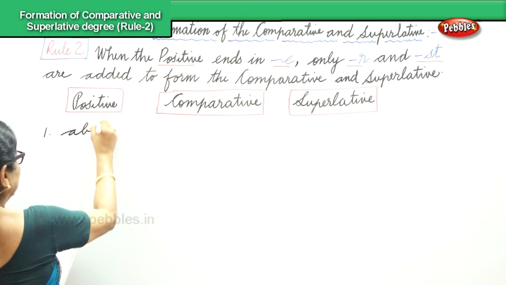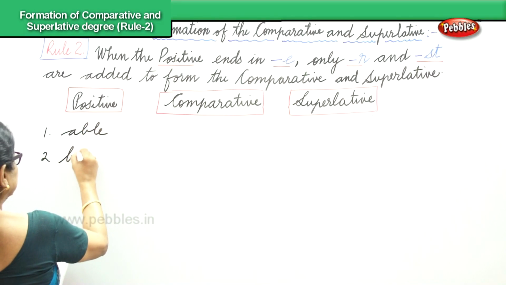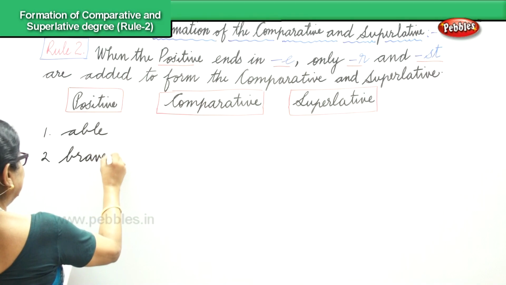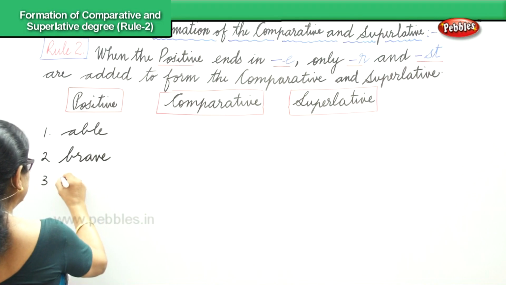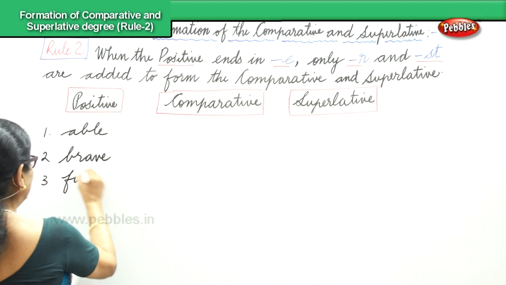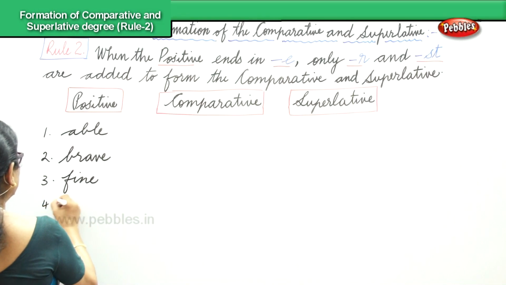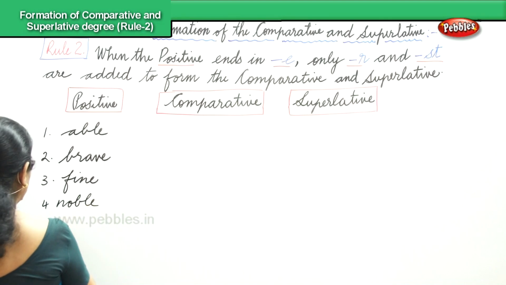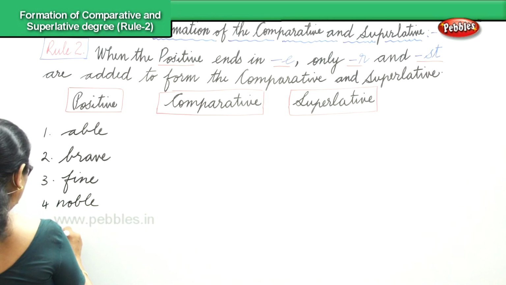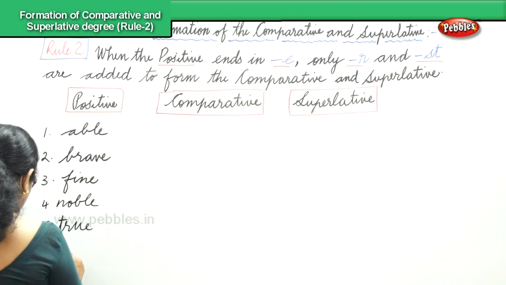First, able, brave, fine, noble, true. And finally, we have wise.